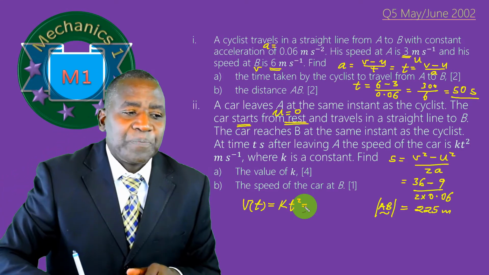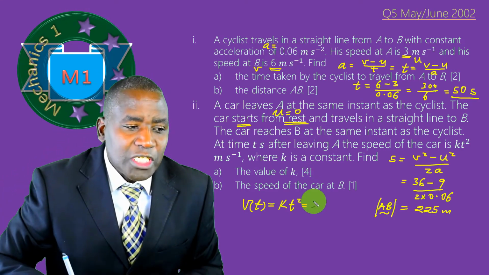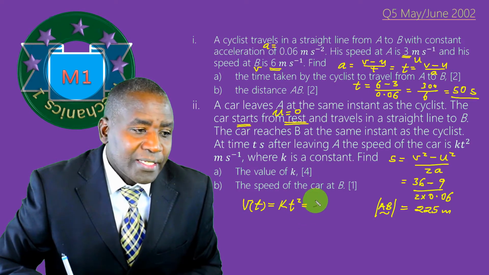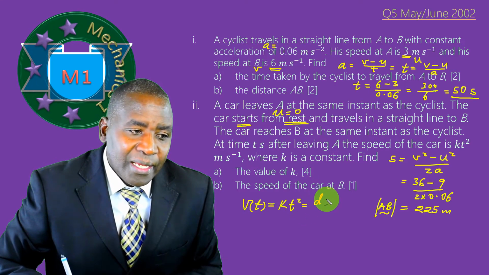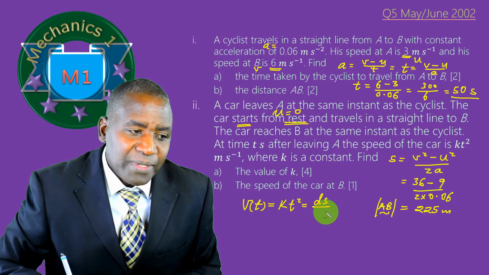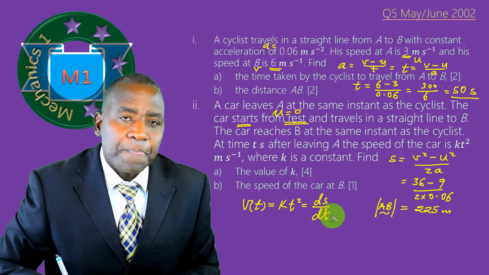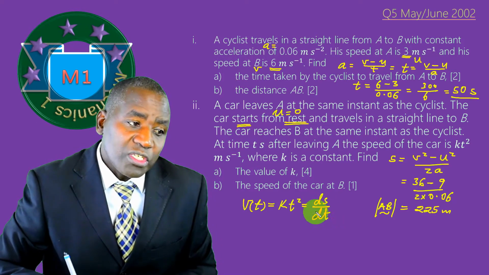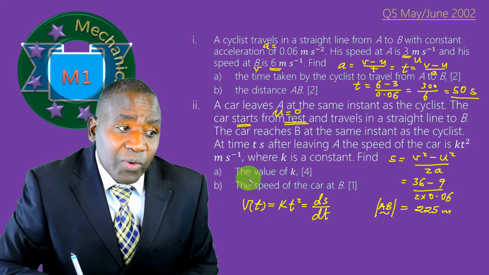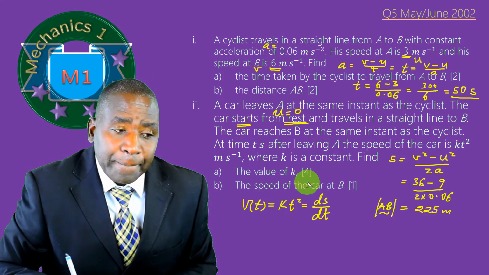Like for instance, for them to get the velocity to be equal to kt squared, somebody must have differentiated the displacement with respect to time.